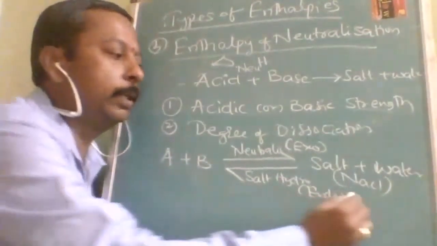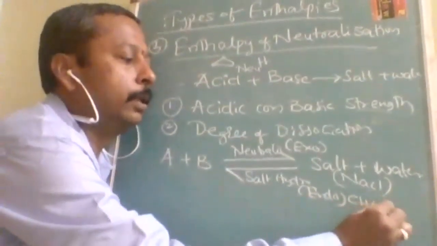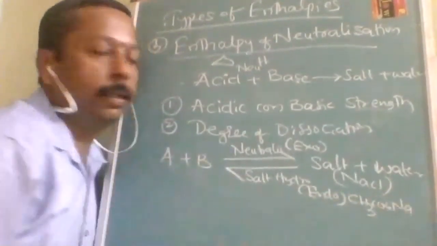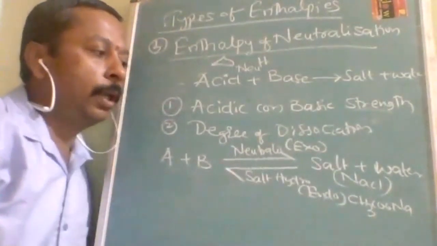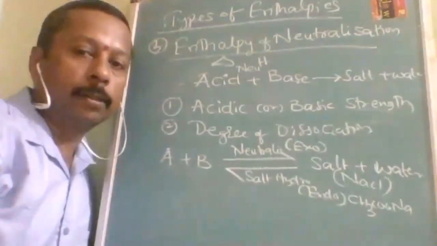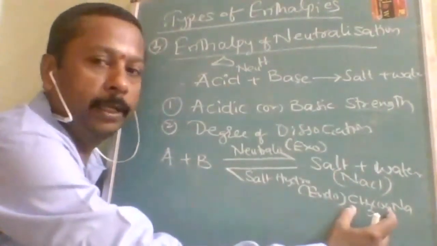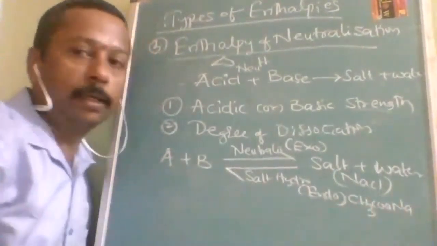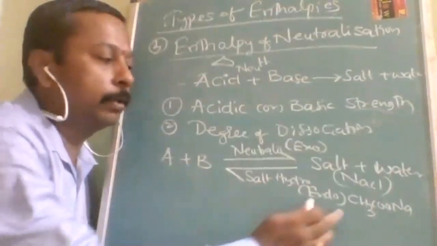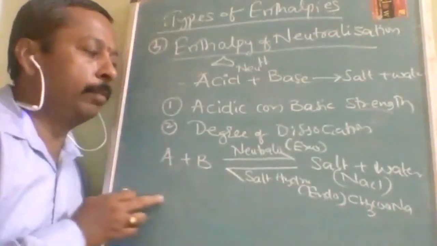Suppose the same salt is made up of CH3COONa. Now it undergoes which type of hydrolysis? It undergoes anionic hydrolysis. In the CH3COONa, CH3COO minus will undergo hydrolysis, because of which this reaction will come in backward.